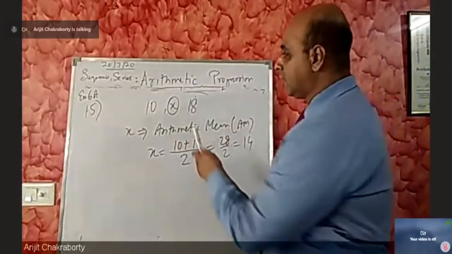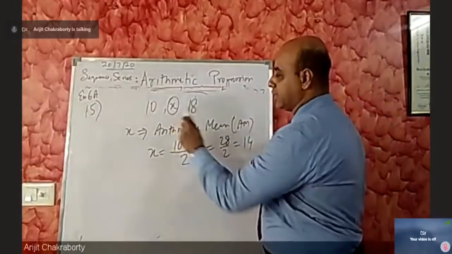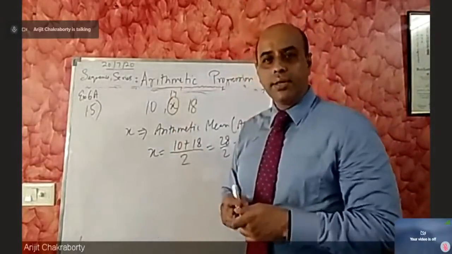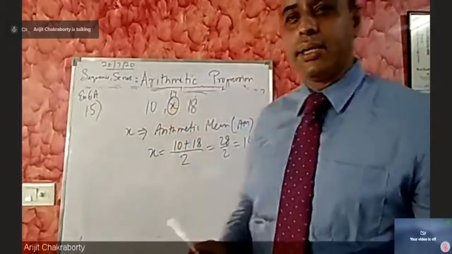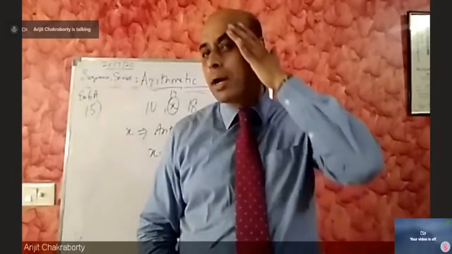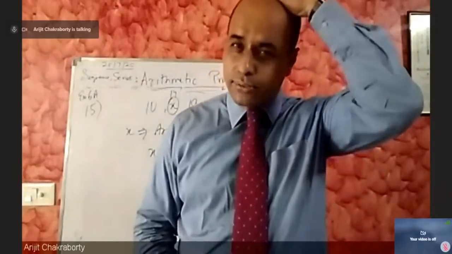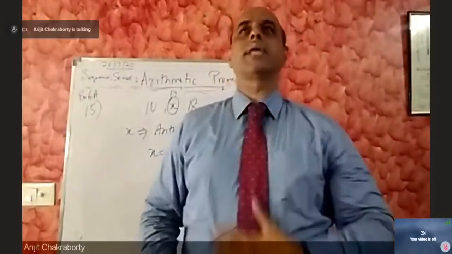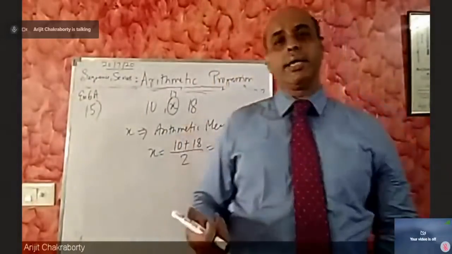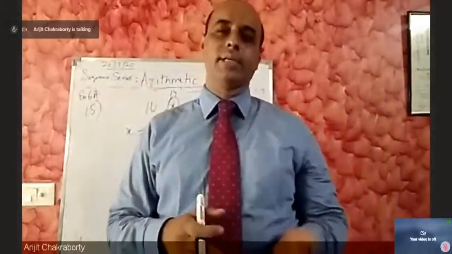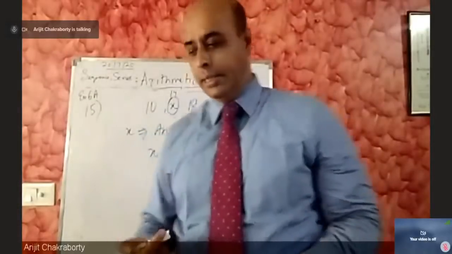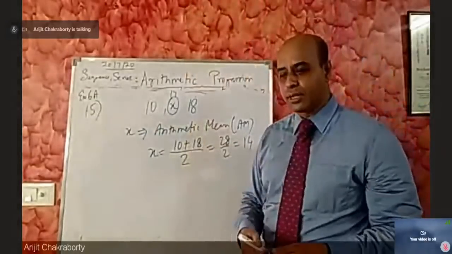And please remember that if x is 14, that means 10, 14 and 18. Do you see some order? Do you see some trend in these three terms, 10, 14 and 18? I think you do. Because 10, 14 and 18 are in AP. Because 14 minus 10 is 4, 18 minus 14 is also 4. Right? So this is the concept of arithmetic mean.